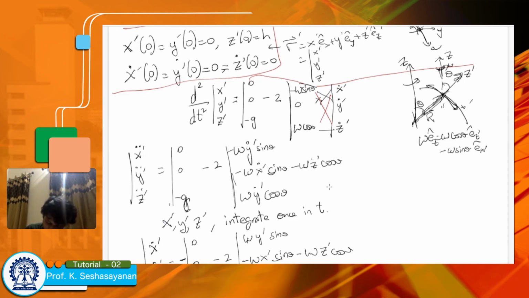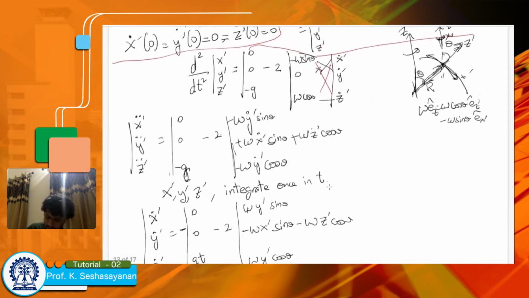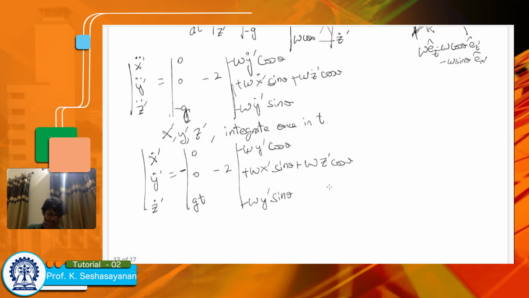In the second column you get plus, and here you get a minus. And sin theta and cos theta also go next. Okay, so this is the expression.